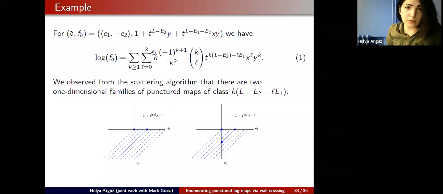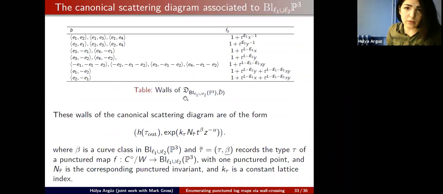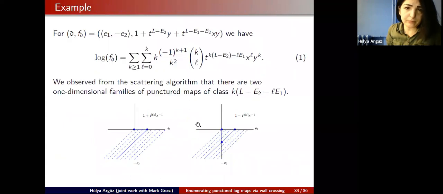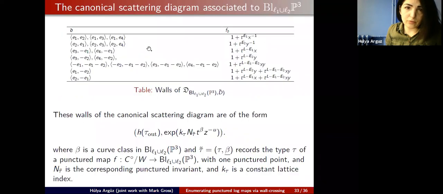So what do I do with this? I take the logarithm of it, and it should give me some constant times some punctured invariant. I take the logarithm of it, I obtain this formula. And what is the punctured invariant I'm looking at? I know that actually this wall crossing function, which has support E_1 minus E_2.